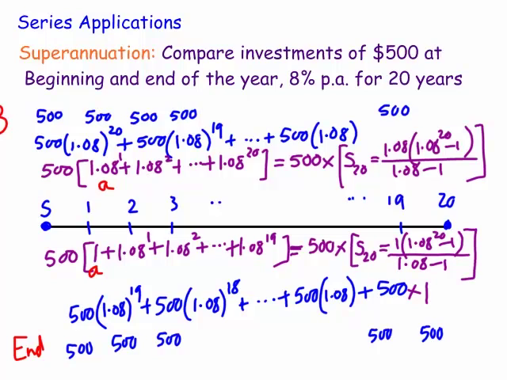Let's have a quick look at the totals, and let's write them in another colour, green. The total for the beginning, when you put that into the calculator, is about $24,711.46.